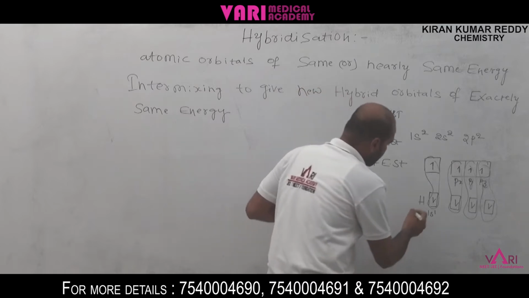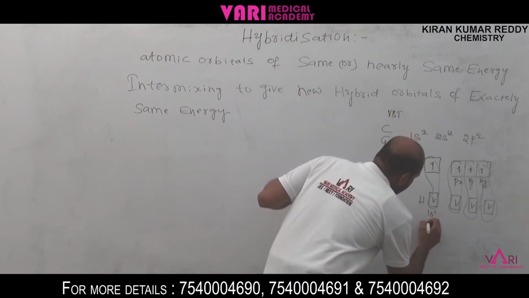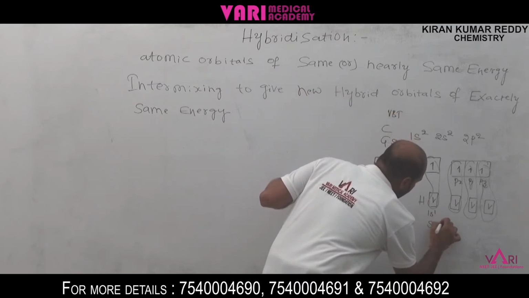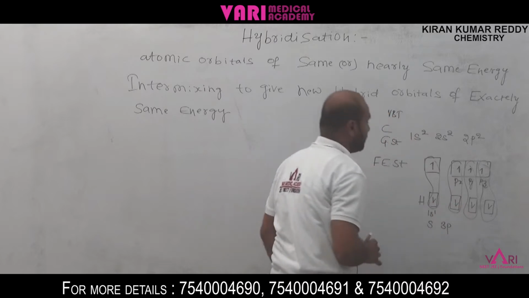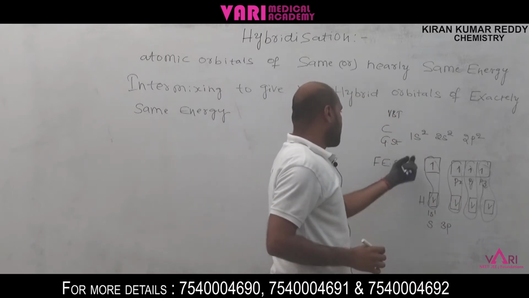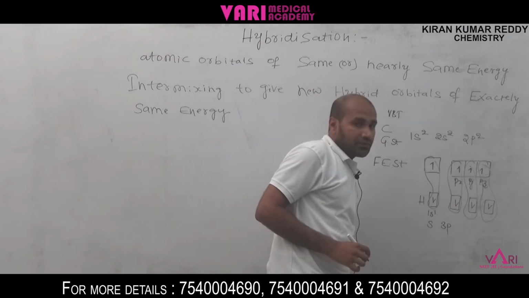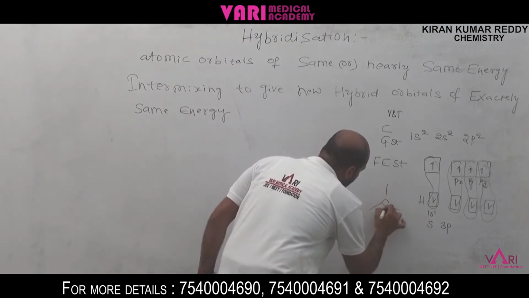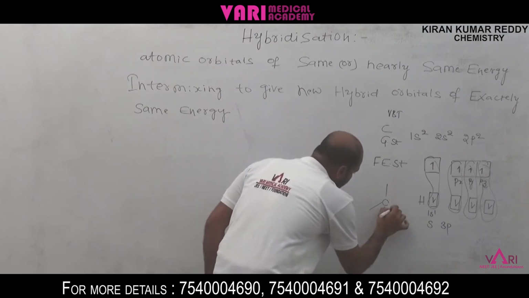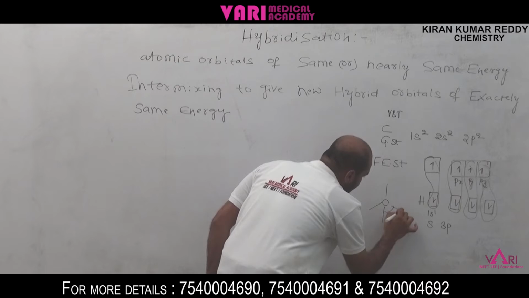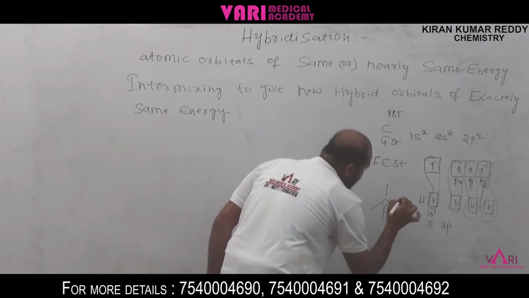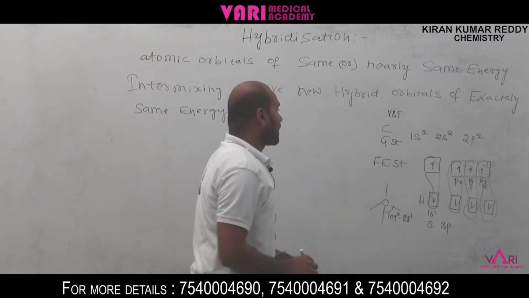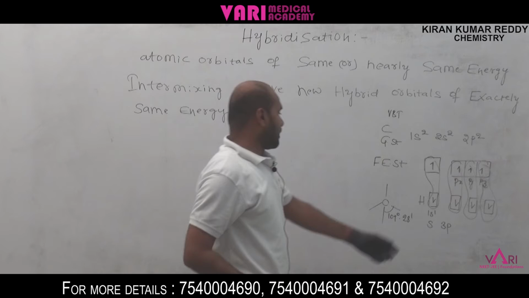One s orbital and 3 p orbitals are involved. That is the valence bond theory. According to the valence bond theory, all bonds are equal and tetrahedral, and the bond angle is 109 degree 28 minutes.